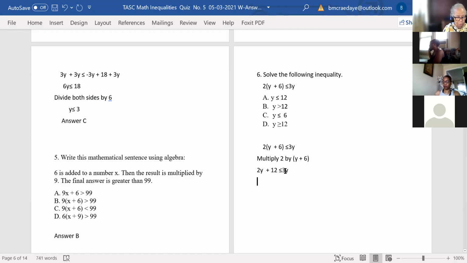So before you do any dividing, you've got to get these terms together. So how do you get these terms together on the same side? By dividing. No. What did she do, Vanessa? What she do on the one side, she do on the other side. It's either she bring over the 3y or she takes across the 2y.